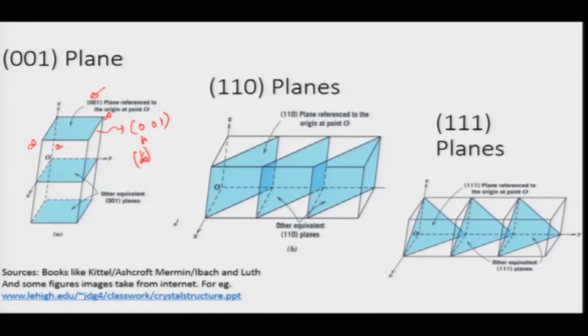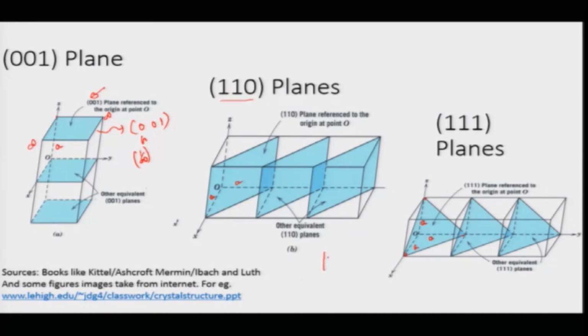1, 0, 0 is of course this plane, it has no intercept along the z axis, but intercepts of A and A along this. So this is the 1, 1, 0 plane, and similarly the 1, 1, 1 plane is for a simple cube, there are 3 intercepts, and this is your 1, 1, 1 plane which is going along the diagonal of the cube.